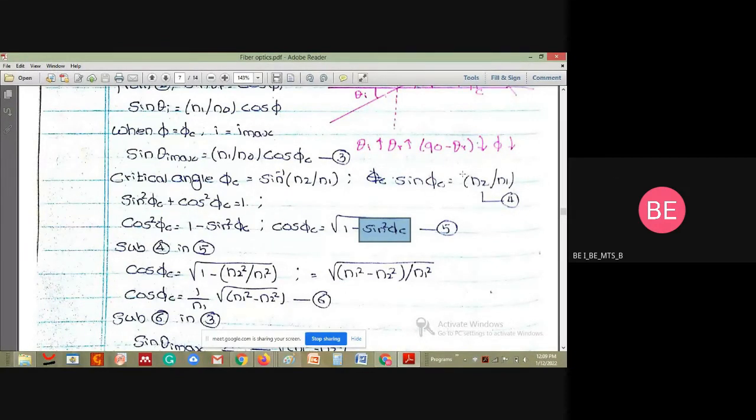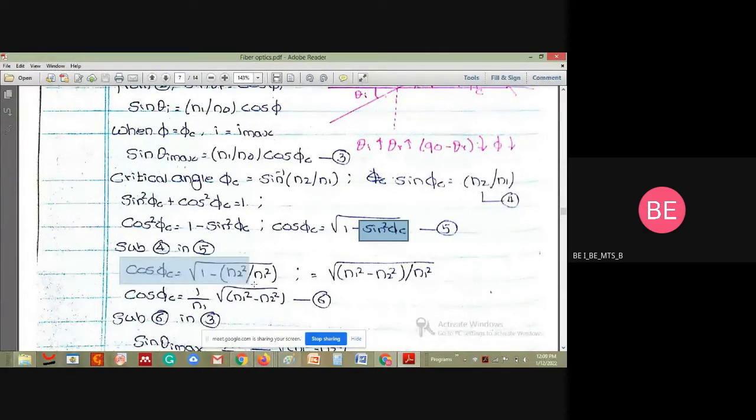So sine square phi c will be equal to n2 square by n1 square. Let us replace sine square phi c with n2 square by n1 square.